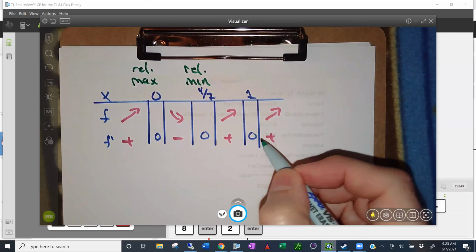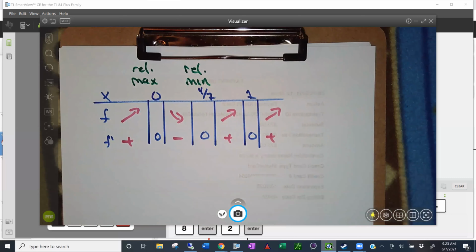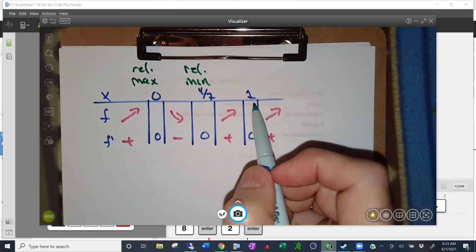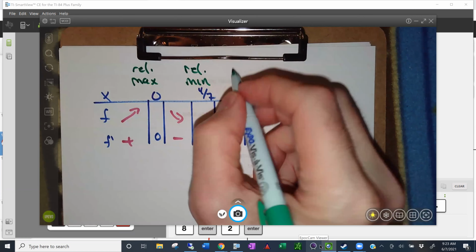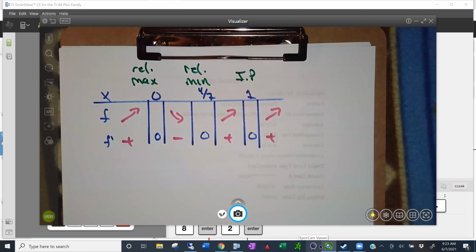And this turns out to be an inflection point. That's okay. So what's going to happen here is the concavity is changing, but not anything else. So I'll just label it IP. And that's because of the signs on either side of it, right? It's increasing and then it's increasing again. So it paused for a second.